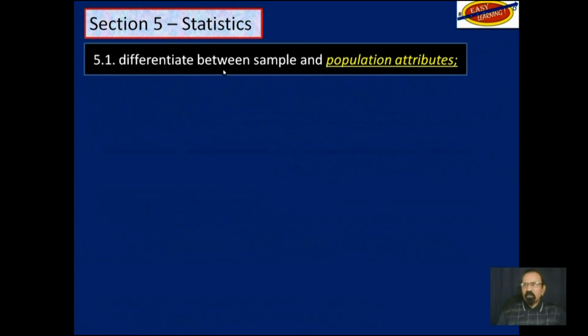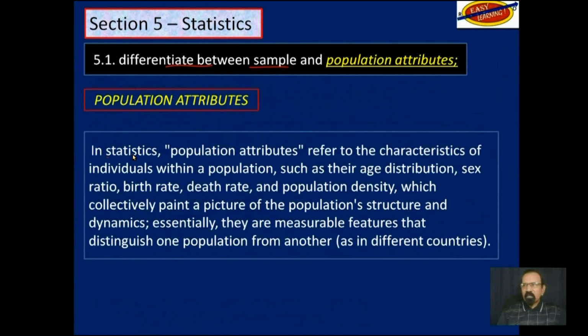So we are to differentiate between sample and population attributes. So let's talk about population attributes. In statistics, population attributes refer to the characteristics of individuals within a population, such as their age distribution, sex ratio, birth rate, death rate, and population density, which collectively paint a picture of the population's structure and dynamics.